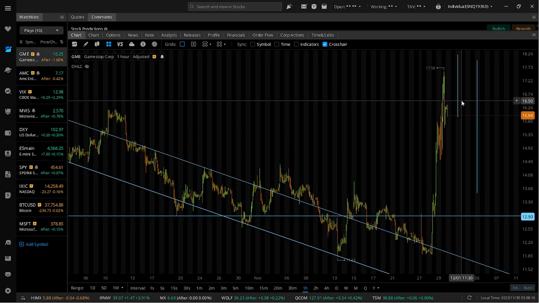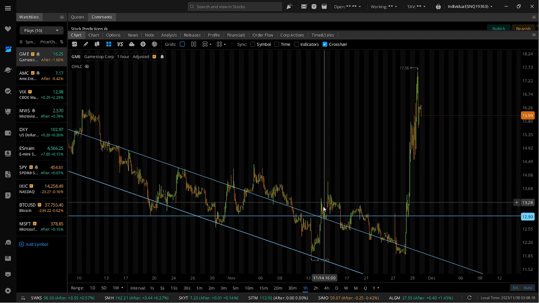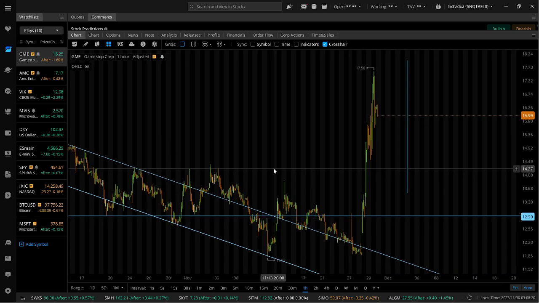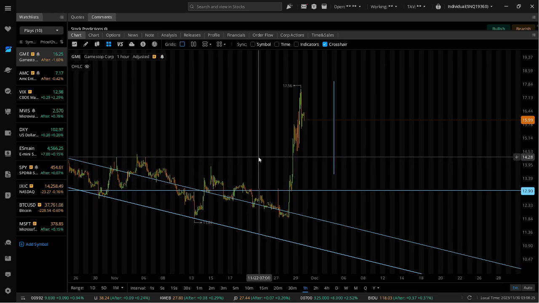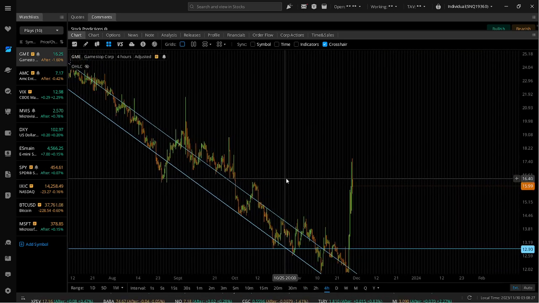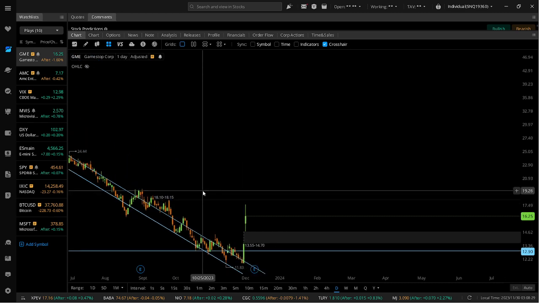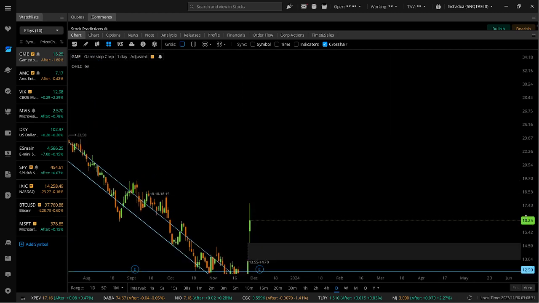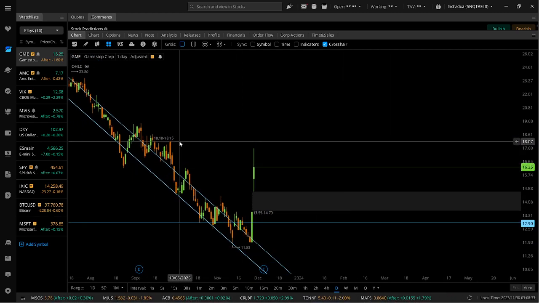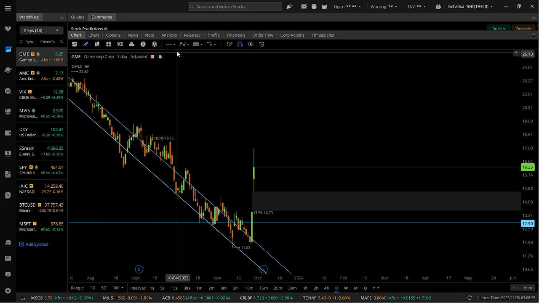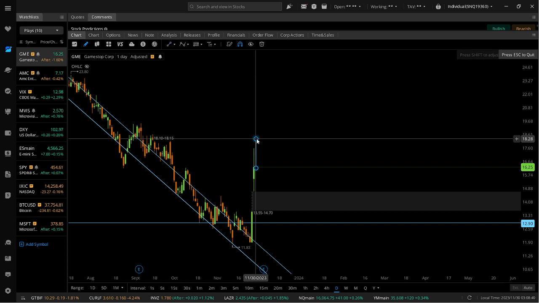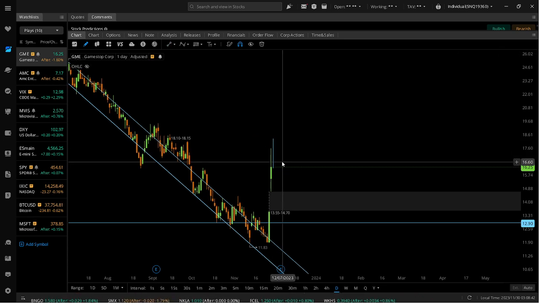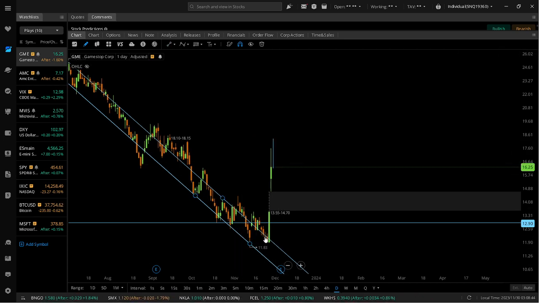GameStop, oh my god. A couple of videos ago, I said that I wanted to see the 18 gap filled before earnings, and we're really close. If tomorrow's bullish, we could do that. And here's what's crazy: I don't know if GameStop wants a daily gap here.